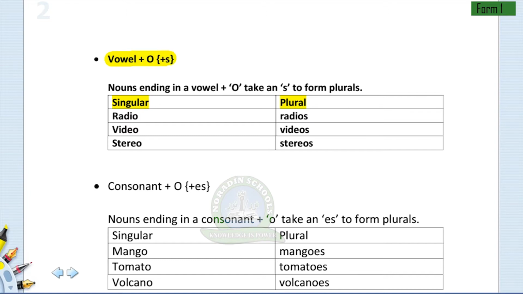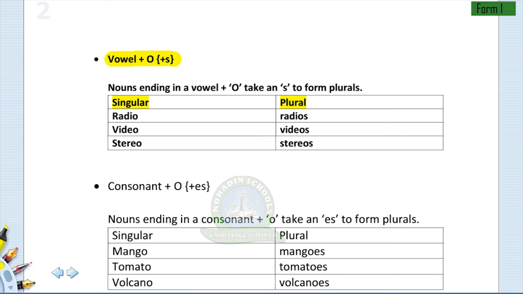You simply add s to the singular to form the plural form. For example, radio. Now we have o here, and before the o, we have a vowel i here. So, if a vowel precedes, that is, comes before the o, you need to add only s.